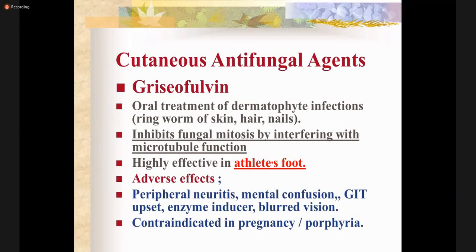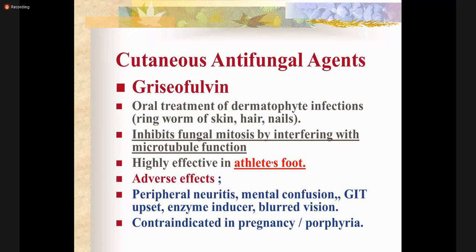Dermatophytes, we know, are fungi that basically cause ringworms on skin, hair, nails. So they are superficial infections, very common. The ring formation on the skin or the hair and nails. So Griseofulvin is given.